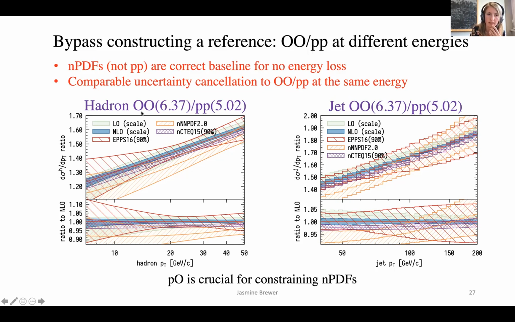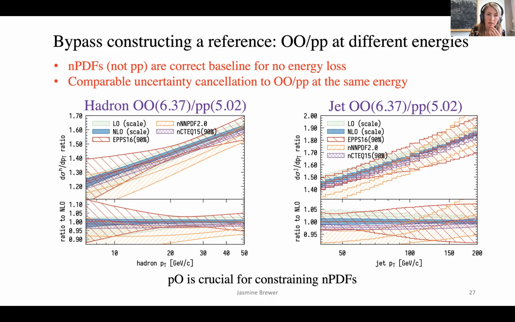So here, just as an example, we're taking the oxygen-oxygen spectra at 6.37 TeV and taking a mixed energy ratio with respect to pp at 5.02 TeV. So this would be an alternative to constructing a pp reference at 6.37 TeV. And what we find is that the next to leading order scale uncertainties of the perturbative calculation are quite small.